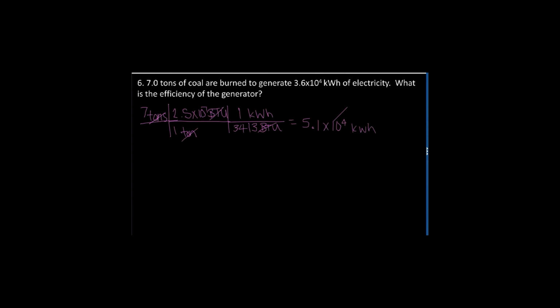And then we can put the 3.6 on top of the 5.1. Remember, you're always going to put the bigger number on the bottom because you can't have a machine that's more than 100% efficient. Okay, so this is going to give us 0.705. Multiply that by 100, which is 70.5%.